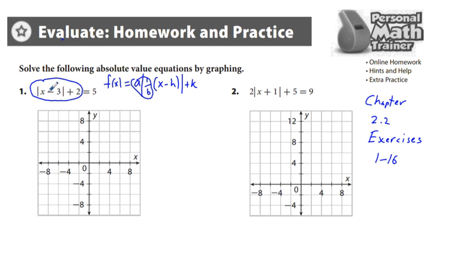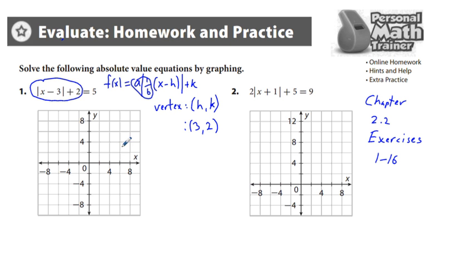And so our vertex is going to be the point h comma k. And in this case, h would have to be 3, and k is going to be 2.